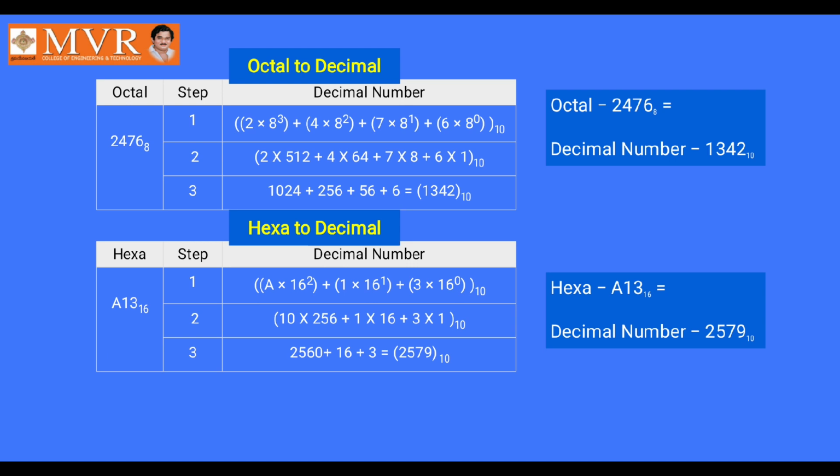B is equal to 11, C is equal to 12. That's why A is equal to 10. So 10 into 16 square, which is 256, so 10 into 256, plus 1 into 16, plus 3 into 16 power 0, which is 1, so 3 into 1. Put together you get 2579. So the hexa value A13 is equal to the decimal value 2579. This is the way you convert any other base system to decimal.